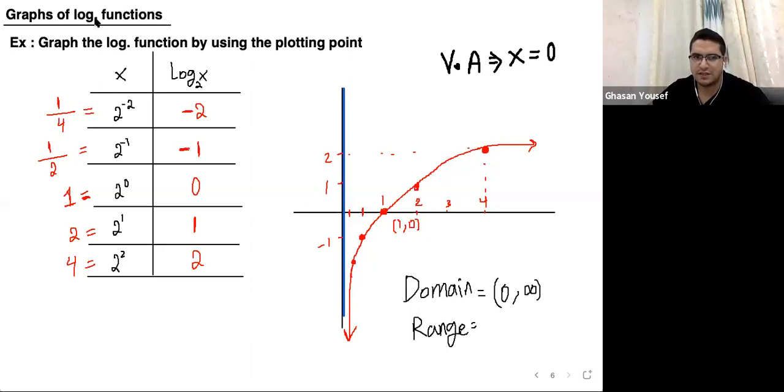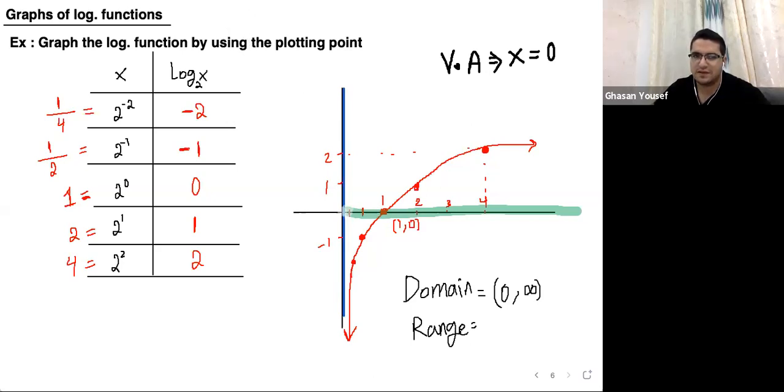Now, what is the range? This is the input. What's the range? Any idea? What is the y value we use? Negative infinity to infinity.